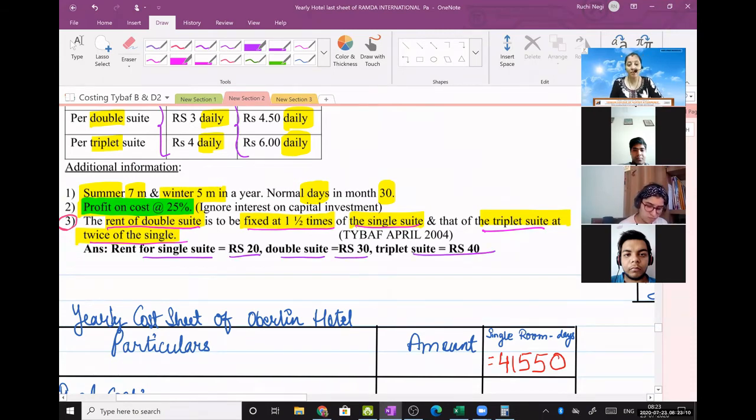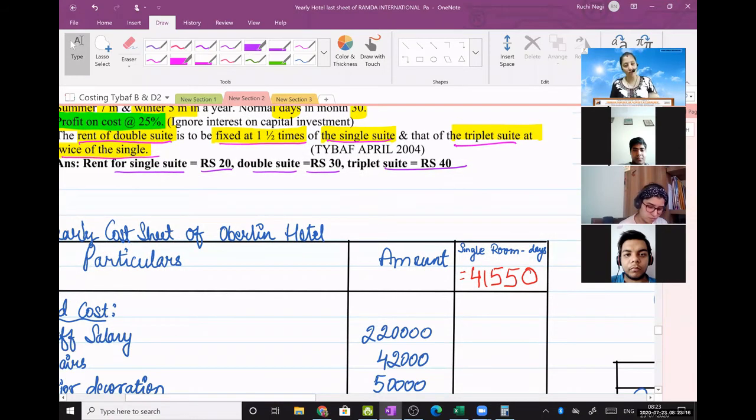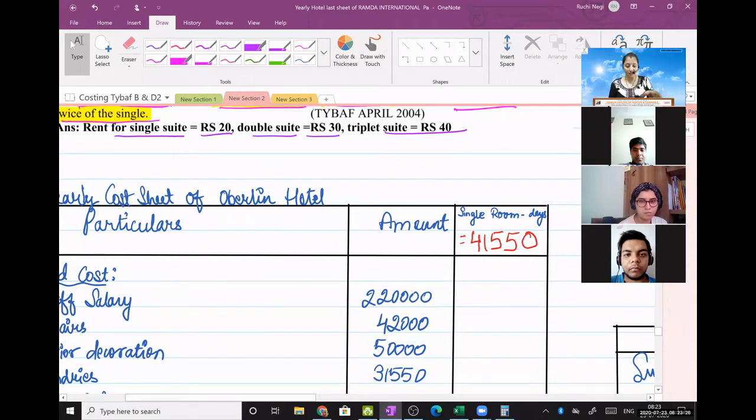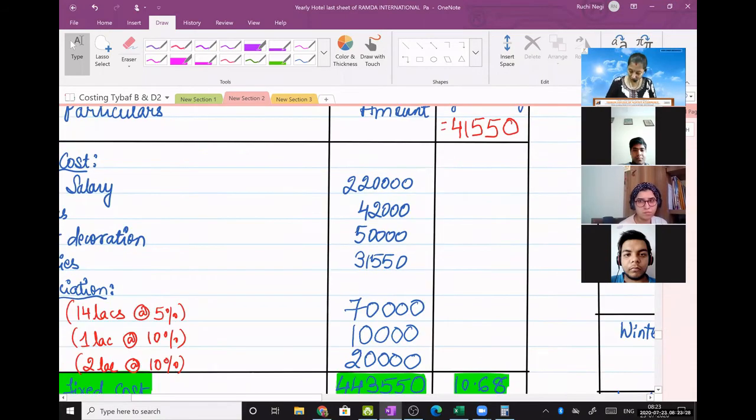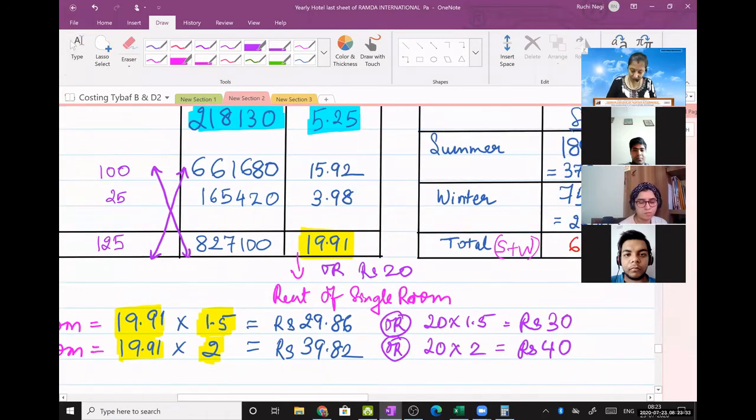So what they have done is they have rounded off the answer. Since we know the answer, we are rounding it off. Otherwise, we generally don't round off. We keep the cost per units in decimals only. That is the right way. But since we know here the answer is 20, 30, 40, see what I'm doing. I'm converting 19.91 as 20.